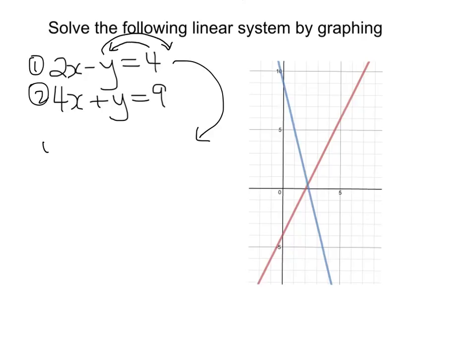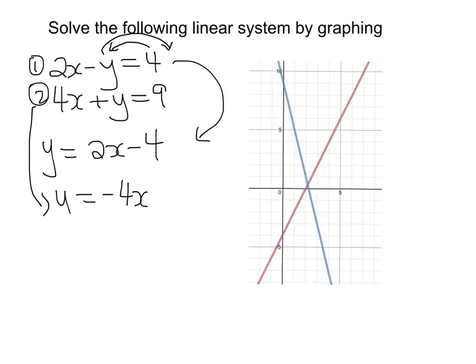So we get y is equal to minus 4. Alright, and then we'll take the second equation, and because my y is already positive, I'm just going to take this 4x and move it to that side, and we're going to try and keep it in slope y-intercept form, so it's going to be equal to negative 4x plus 9.